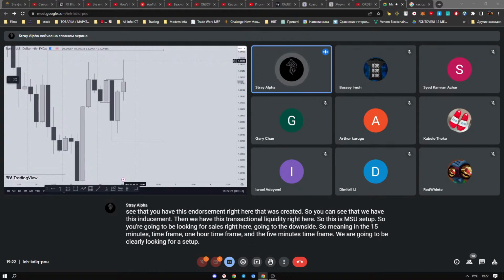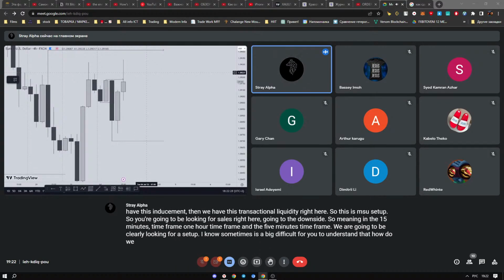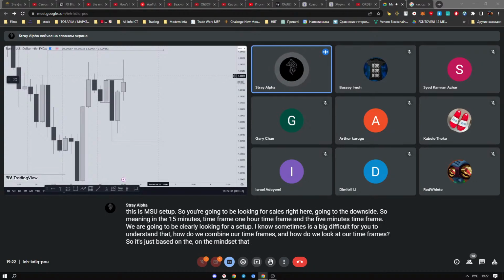I know sometimes it's a bit difficult for you to understand how we combine our time frames and how we look at our time frames. It's just based on the mindset that once we see a key level being reached, then we go to our internal structure.